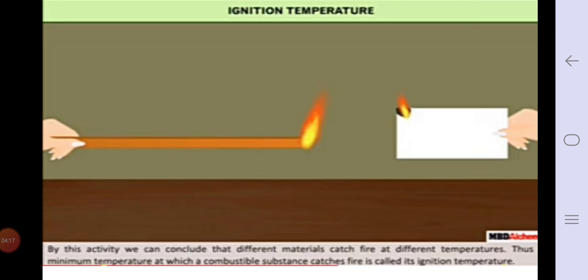So this is important for combustion, that the minimum temperature, or the ignition temperature, should be reached, and immediately the substance catches fire.